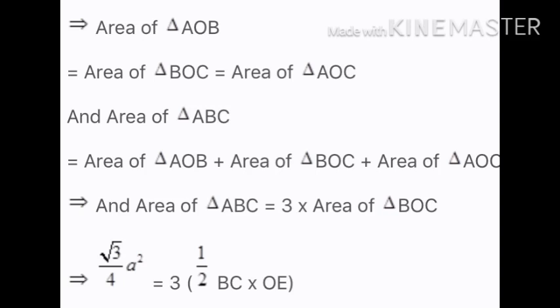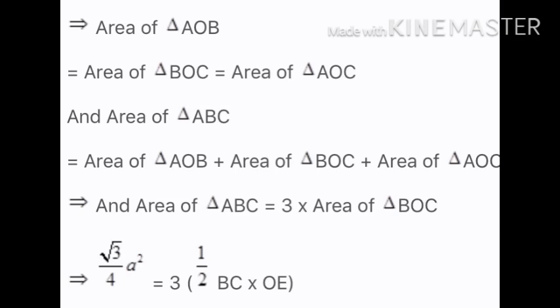Now area of triangle AOB plus area of triangle BOC plus area of triangle AOC, which gives area of triangle ABC, is equal to 3 times area of triangle BOC. Area of equilateral triangle is root 3 upon 4 a square.